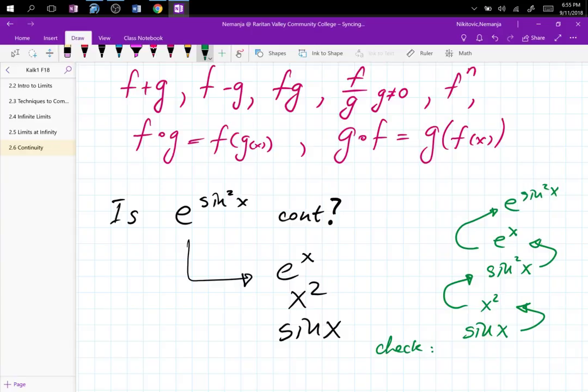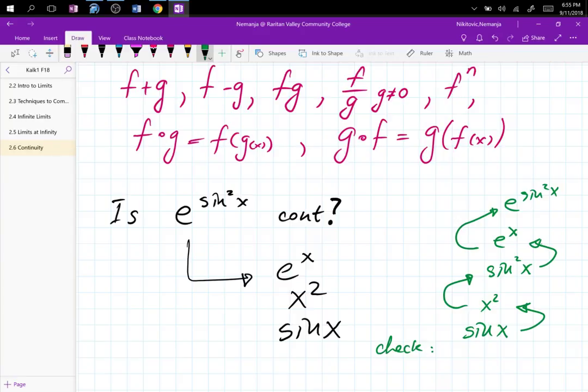Like layers of the onion. What is on the surface of the onion? It's e to the x, right? If you are to stand far away where this exponent just blurs into a blur, all you see is e to the x. That's your outer shell of the onion. That's the main function, the f of x.